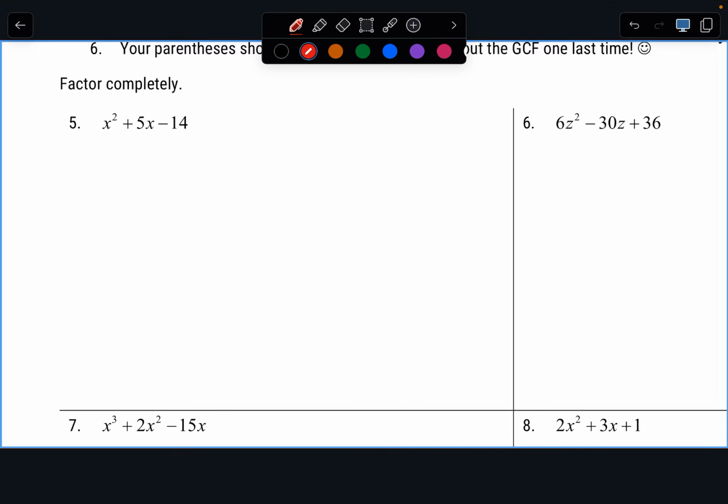Do x squared, 5x, and 14 have anything in common? No. So in this case, there is no GCF. And so I'm going to go straight into the best way I have found over my 9 years of teaching this to factor.